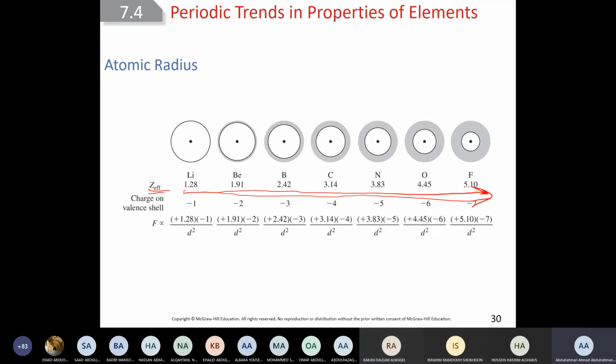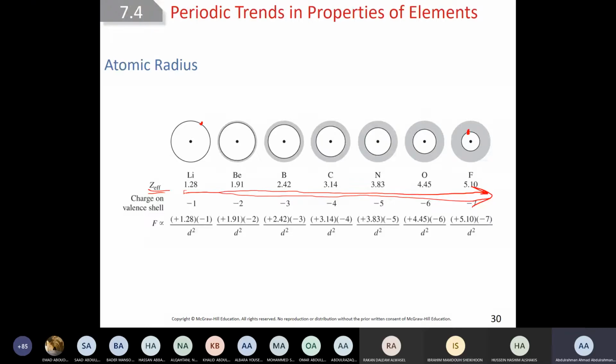Smaller. We said this already. Now, is it easier to take the electron from here or from here? From lithium. Easier. Excellent. It's easier to take the electron from lithium than from fluorine.